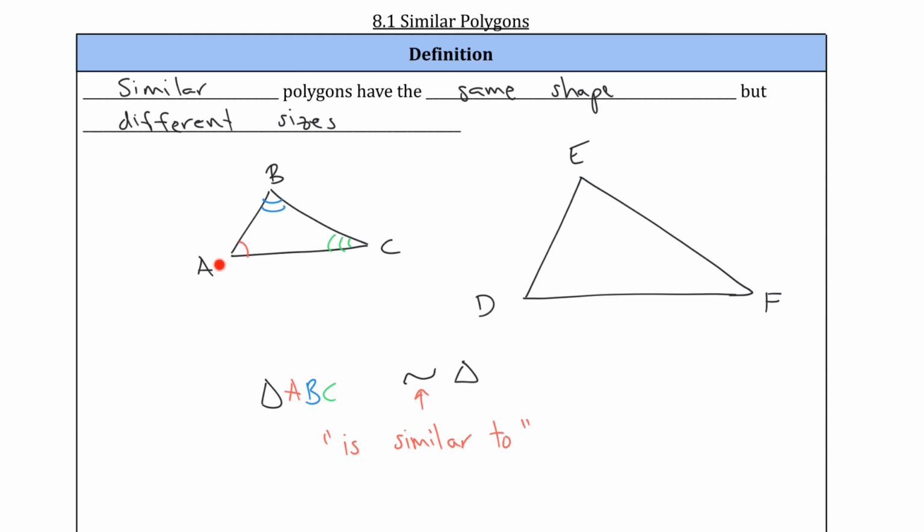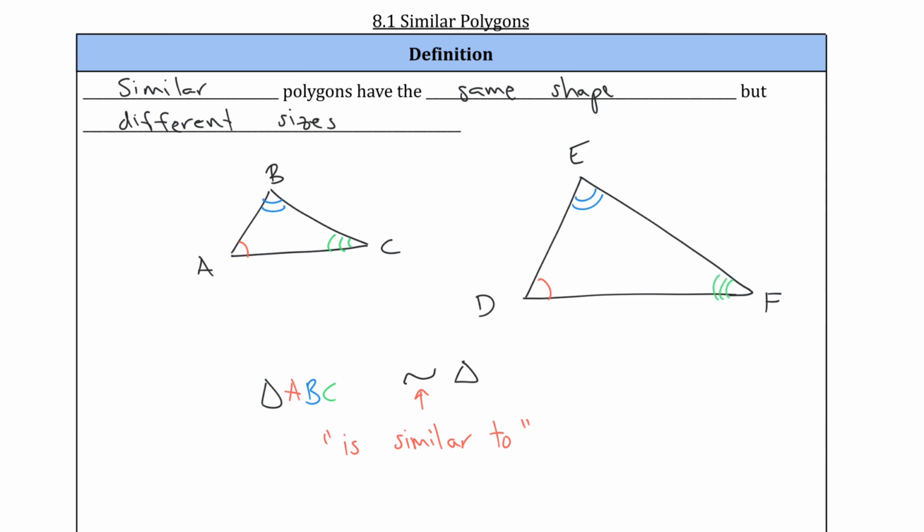So angle A is going to correspond with angle D. And angle B is going to correspond with angle E. And of course, last but not least, angle C will correspond with angle F.